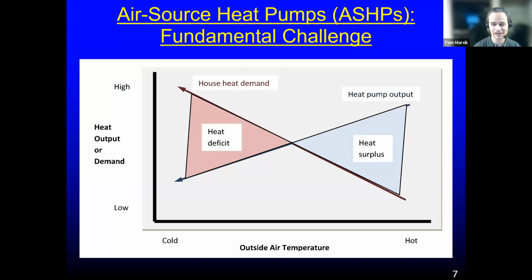The colder it is outside, the more heat you need for your building. So you end up with a deficit. And at some point, the heat pump stops working altogether when it gets really cold outside. So when you need it the most, your heating system stops working on you. That's one of the challenges associated with using air source heat pumps.